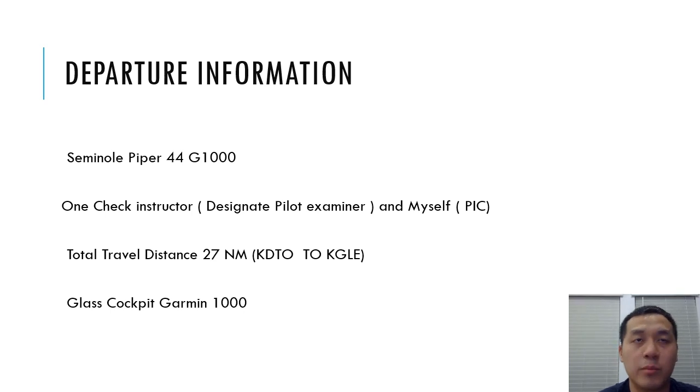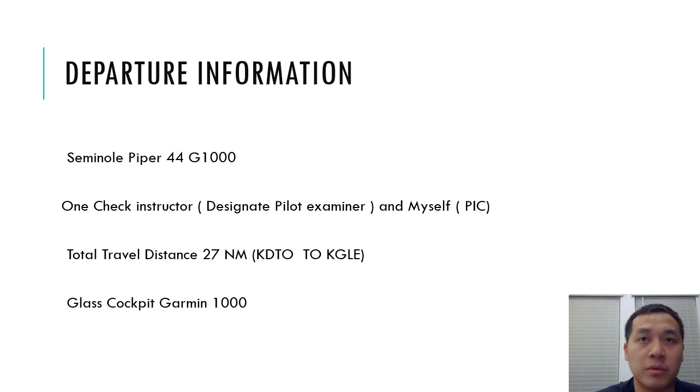I will be talking about the aircraft that I was using on Monday, a Seminole Piper 44 G1000. I have a check instructor and myself on the plane, and we're going to travel from DTO to KGLE. The total travel distance is 27 nautical miles, and it's a glass cockpit G1000 fuel injected aircraft.